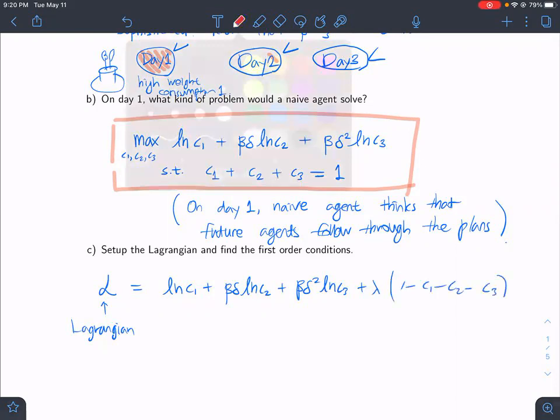Now, if you don't know where this is coming from, it's just the constraint. My cake at day 1, 2, 3 should add up to 1. So this is not a mathematical economics class, so I will not deep dive into what this lambda means, but it's something like the value of this constraint.